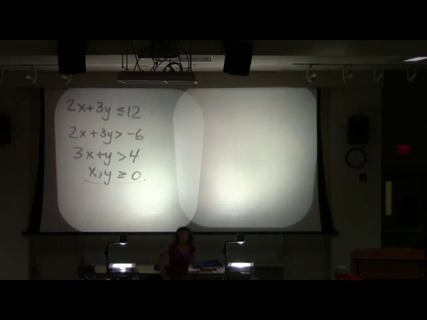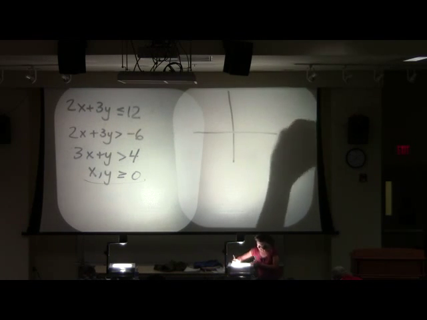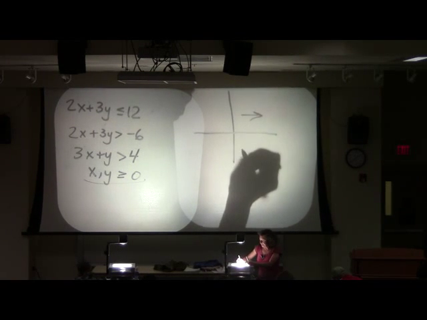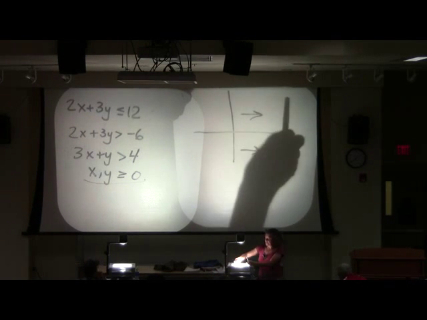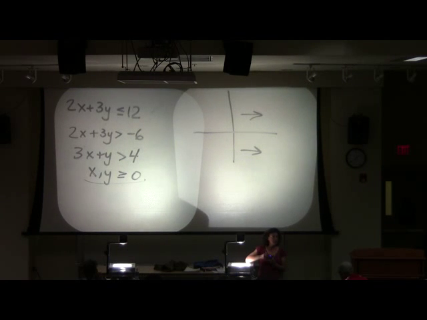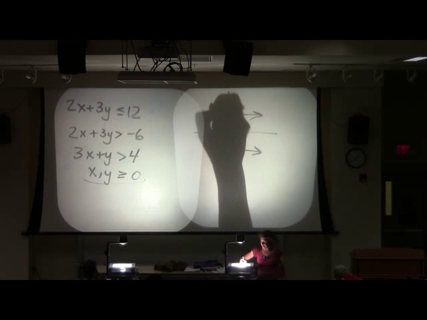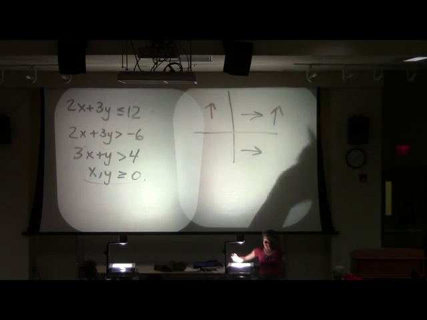Okay? Now, why do I say that you should be excited about this? Well, check it out. Do you guys agree that x is greater than 0 to the right of the y-axis? Do you all also agree that y is greater than 0 above the x-axis?